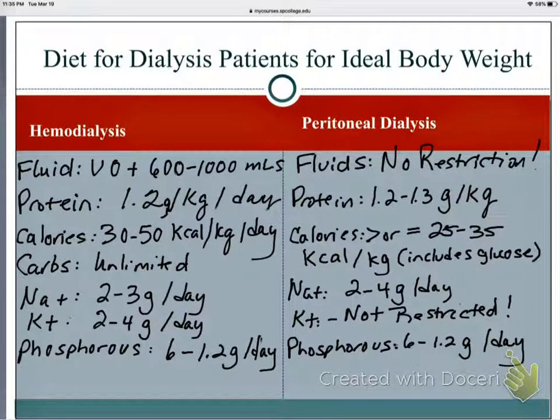What kind of foods have phosphorus in them? Milk products, right? So we got to be cautious with too much phosphorus, right? And you might want to know what types of foods have a lot of potassium in them. For hemodialysis, we got to watch our potassium, right? So we put them on renal diets. They consider all these different things.